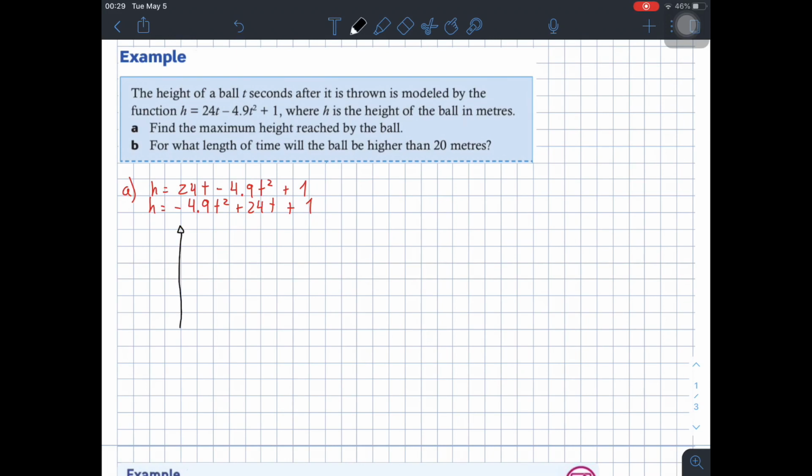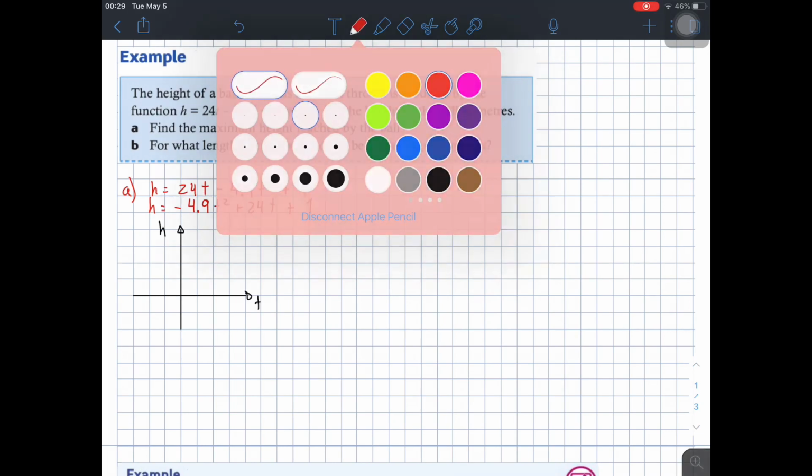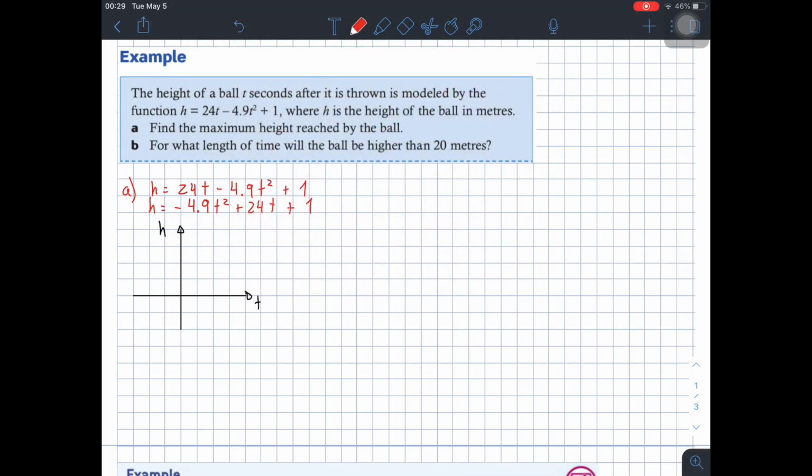something like this. Remember, this is only a sketch just to see what's happening. So in this case, our x-axis would be time and the y-axis would be height, right? H. So as this value is negative, the parabola should once again open downwards, right? So this would look something like this.